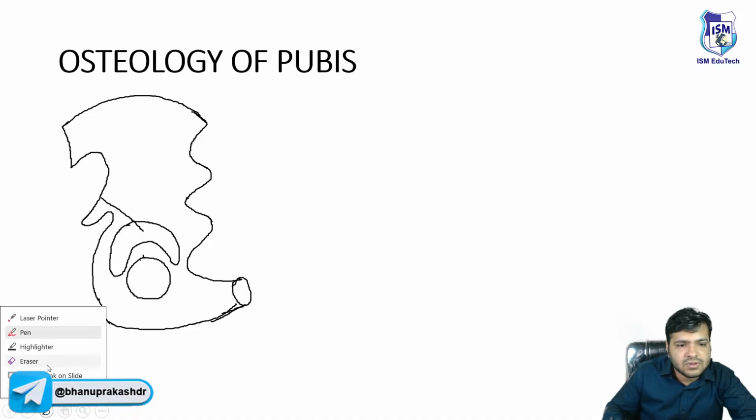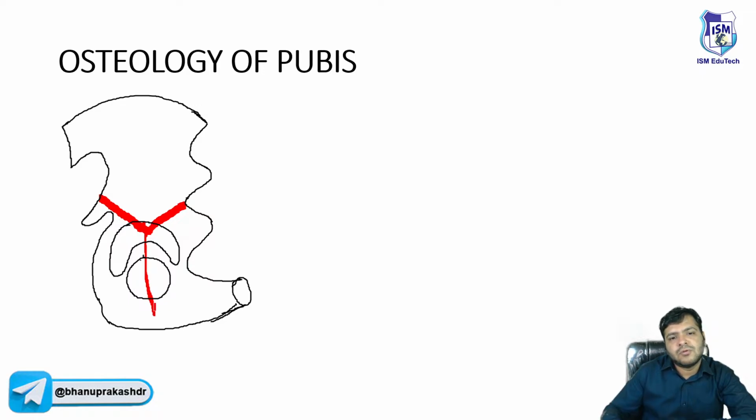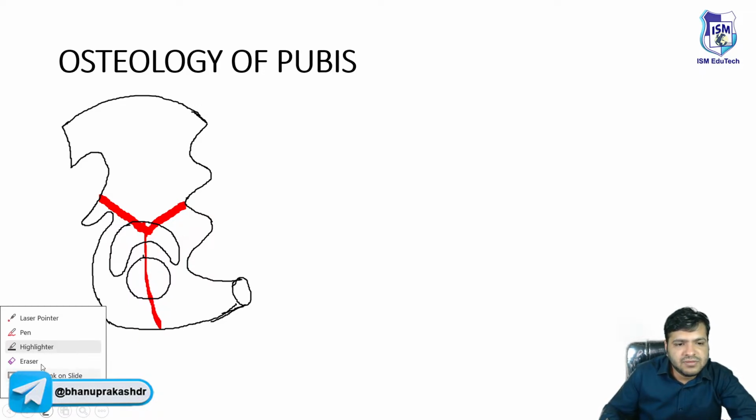I'll just draw it with another color. So this part, it is the pubis. Which part do you want me to highlight? I can do that. Yes, this is the pubis part.